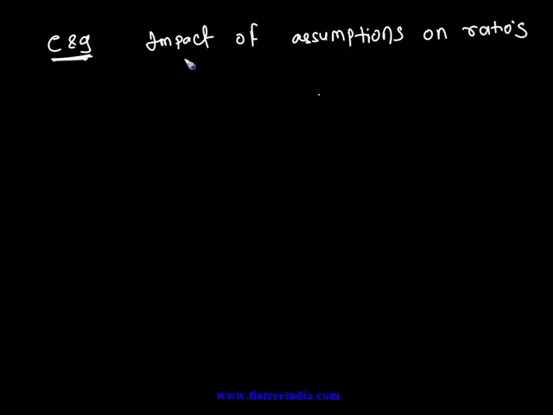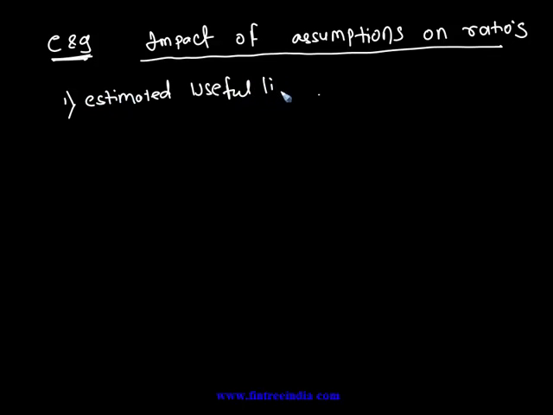So while calculating depreciation, tell me which all assumptions do we make? One assumption is the estimated useful life. Now imagine useful life means for how many years that asset would be put to use. So if you estimate it more than what it really is, so you think that asset would be put to use for 5 years, but while calculating depreciation you use 10 years, then what would be the impact on your numbers? Number one, your profit will always be overstated, correct, because you're charging less depreciation.